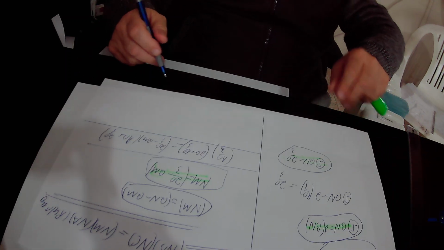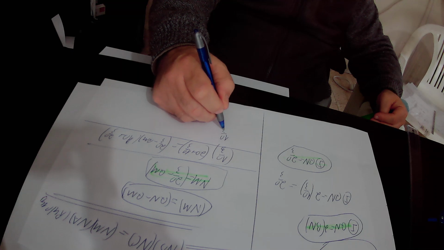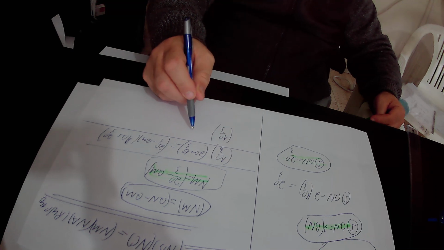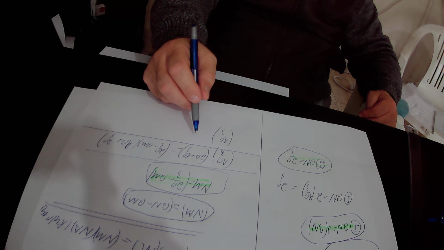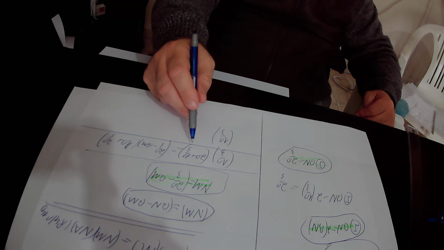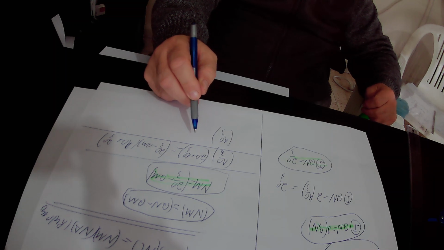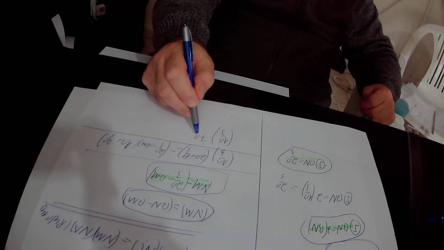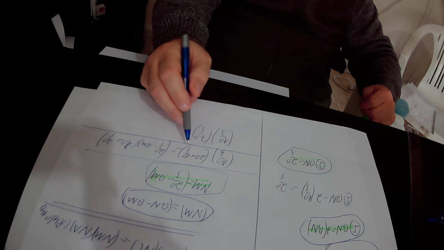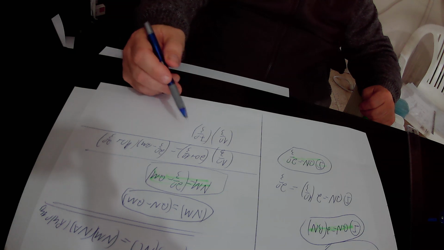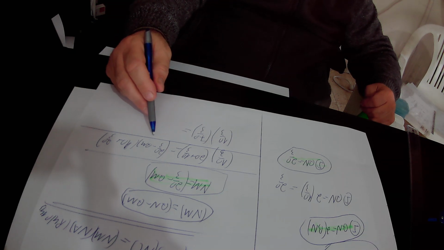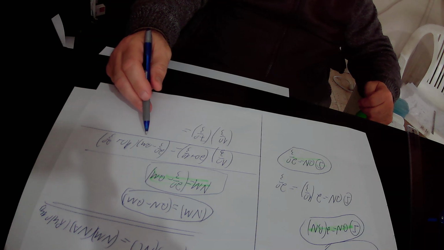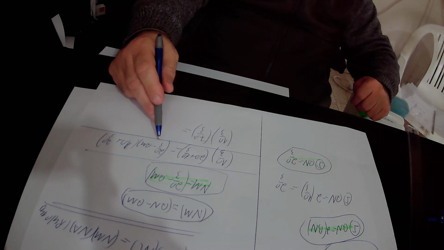So in conclusion, we found out that 10 over 3 times (20 plus 10 over 3). We multiply 20 by 3 and then divide by 3 in order to have a common factor with 10 over 3. So 20 times 3 is 60, and 60 plus 10 is 70. So in total, in the numerator we have 70 divided by 3. This expression equals 70 over 3, and it equals (20 over 3 minus QM). Here we multiply minus QM by 3 and then divide by 3 in order to have a common factor with 20 over 3.